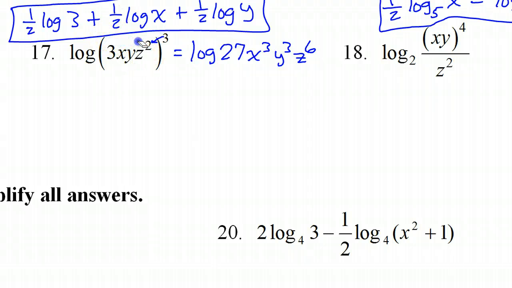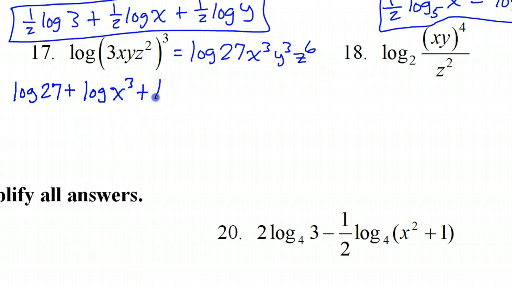Okay, so that just happened. So this is straight product property. 1, 2, 3, 4 logs coming up. So this would be like having log 27 plus log x to the 3rd power plus log y to the 3rd power plus log z to the 6th power.